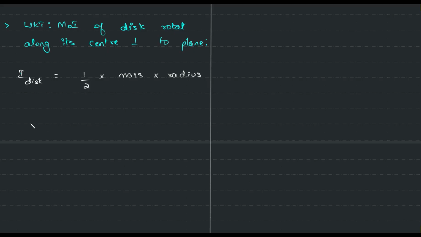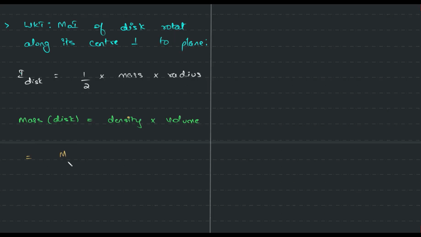The mass of such a disk would be density times volume. Since we are dealing with three dimensions and a lot of variation, we'll go with density times volume.